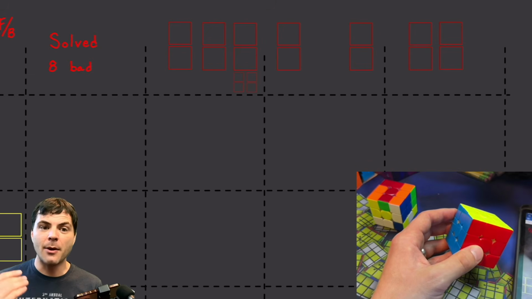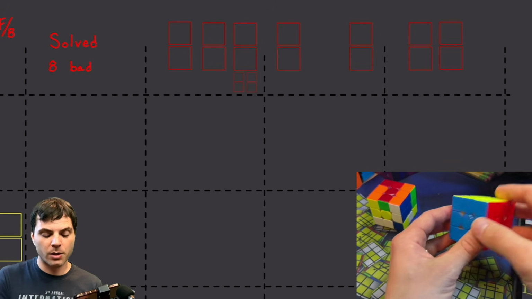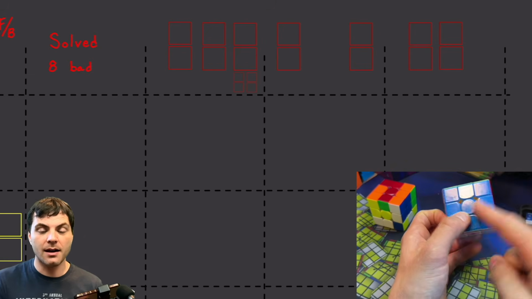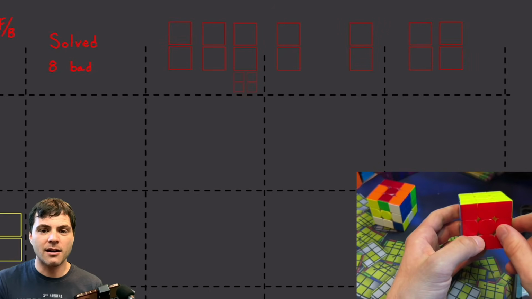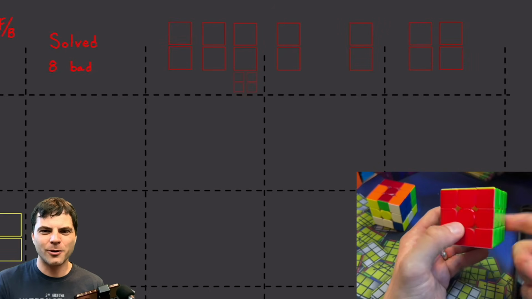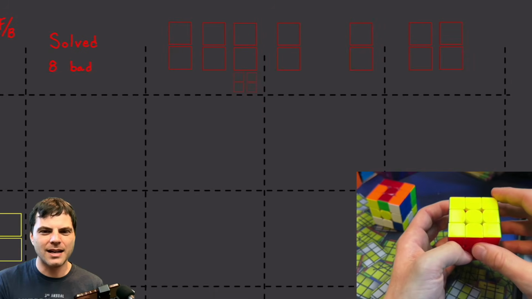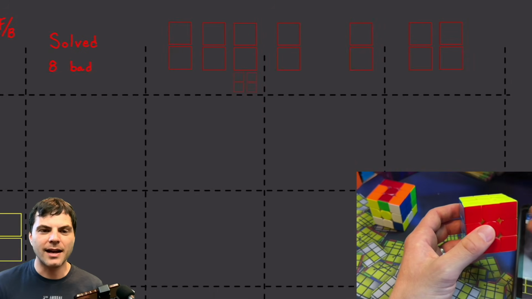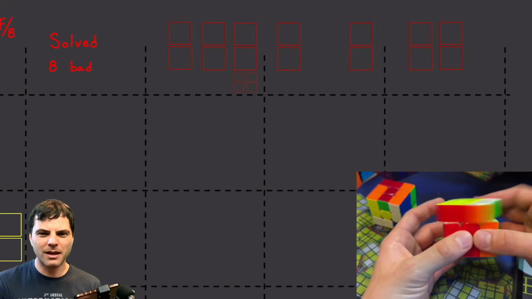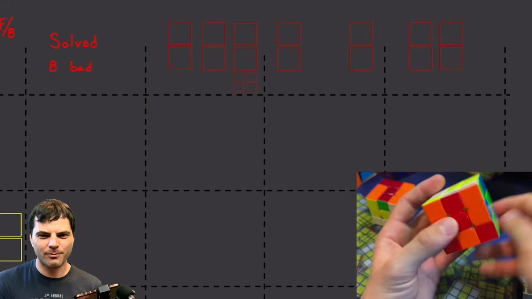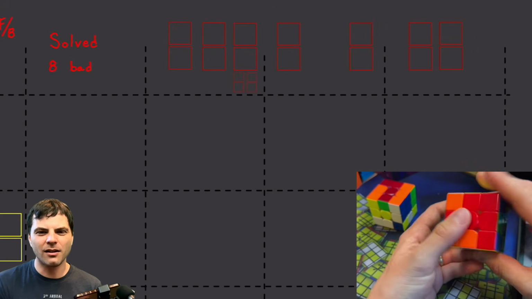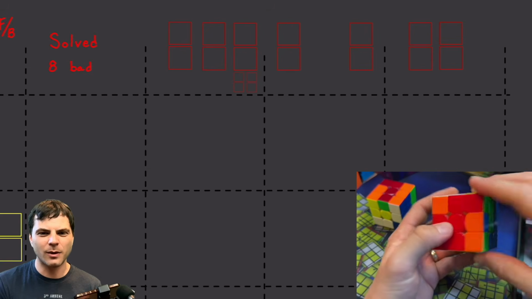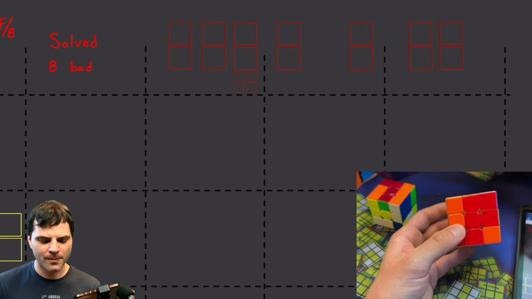I'm going to set it up how I have with EO and DR. We're going to pretend we did EO on blue and green and DR on red and orange, so the white and yellow are all oriented, and that's the final sides we'll be doing 90-degree turns on. I'm going to just mix this up a little bit so it doesn't look completely solved. I think it's easier to visualize when not everything looks perfect.